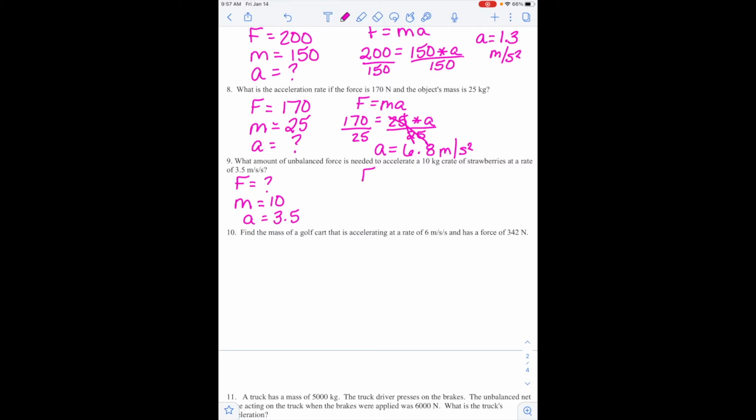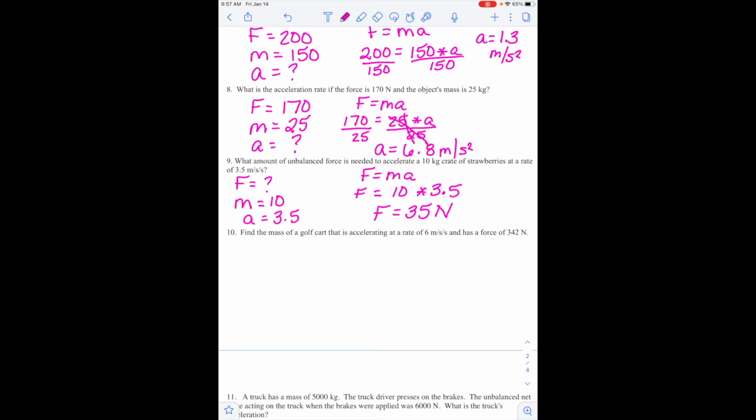So using our formula, F equals ma, F is what we are looking for. Our mass is 10, and our acceleration is 3.5. So 10 times 3.5 is 35, and our answer is newtons because we are looking for the force.